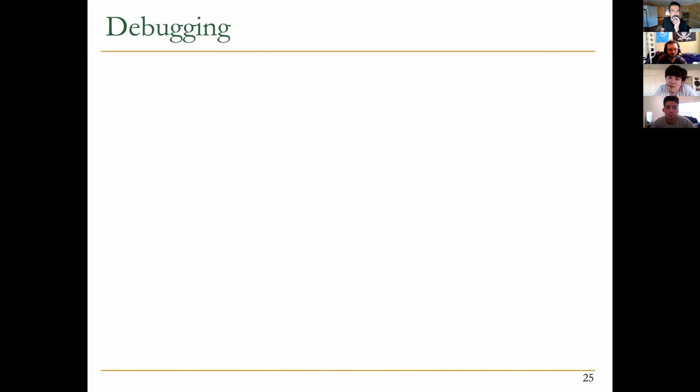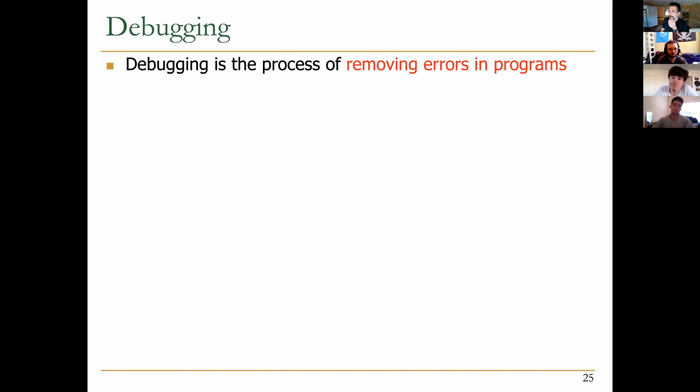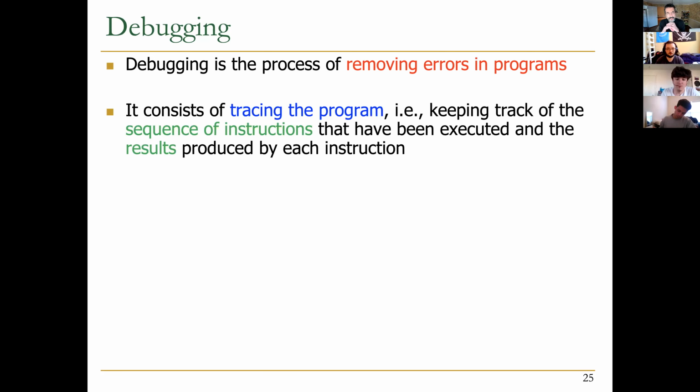Okay, debugging. Hopefully all of you have experience of writing and debugging programs in high-level languages, for example C, Java, or Python, or any other languages that you know. Debugging is a process of essentially tracing a program.